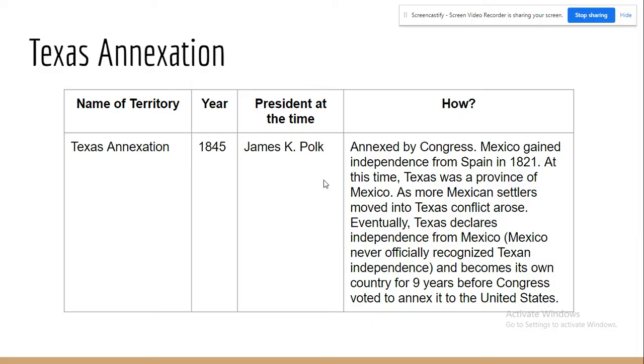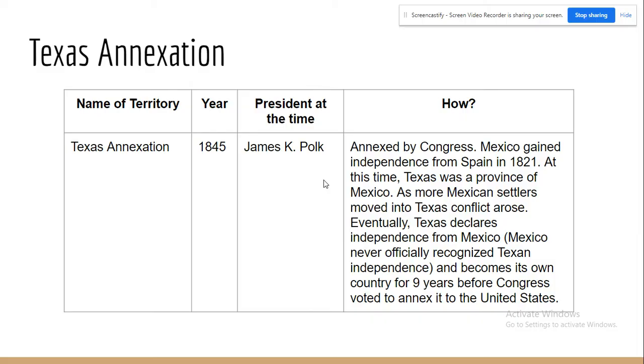Now, as more settlers move into the Texas area, conflict is going to arise between the Tejanos, which are people who were born in Texas from Mexican descent, and the American settlers. Those two groups of people are going to end up clashing. And some of them are going to even talk about the idea of the area of Texas being its own country.